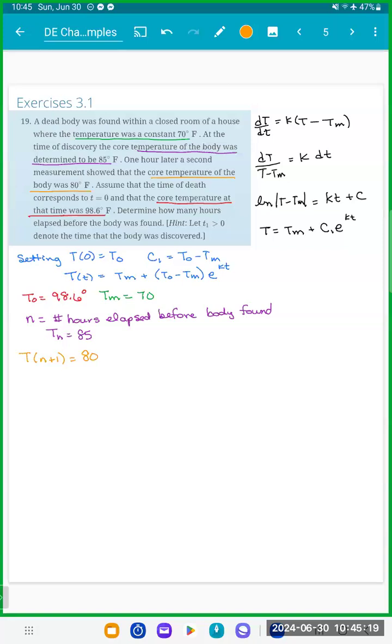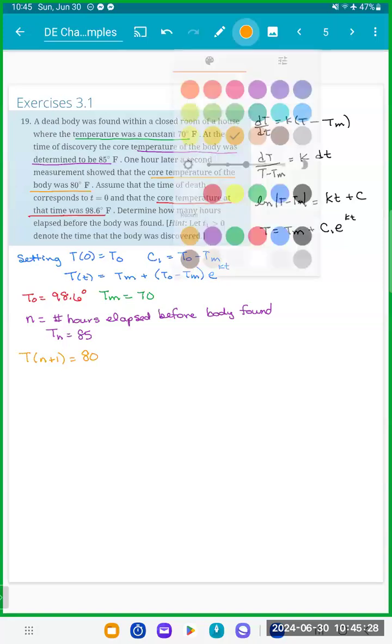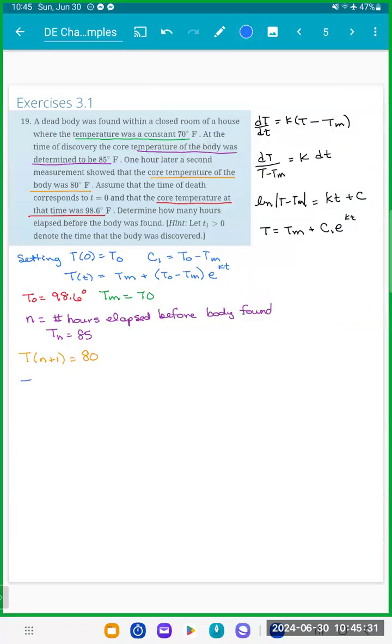So first of all, we'll go back to our blue, and we have T of n equals Tm plus T naught minus Tm times e to the kt.